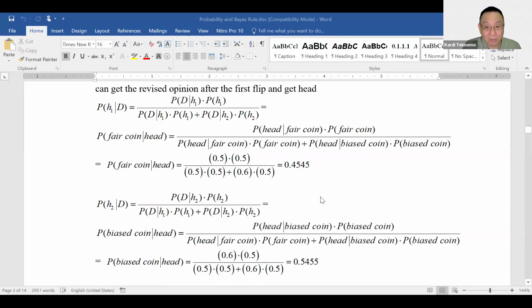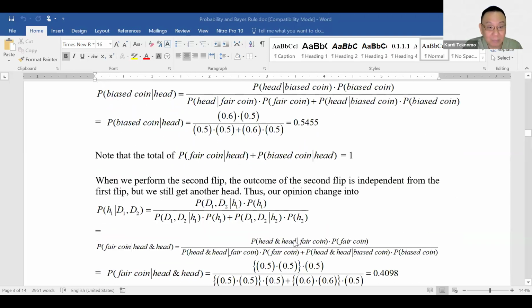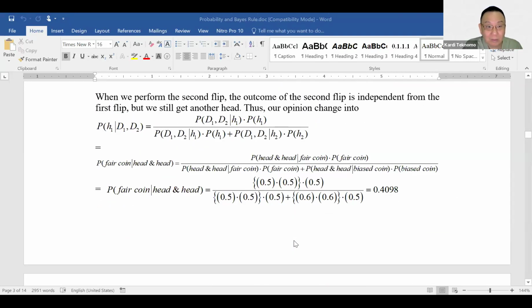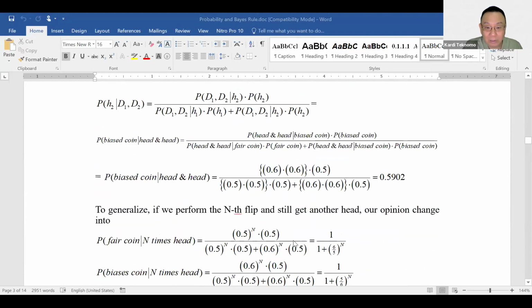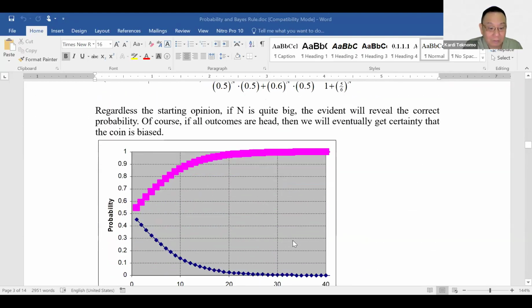And of course the other way around, 1 minus that becomes 54.55%. If you do that in Excel many times, eventually you will get something like this.